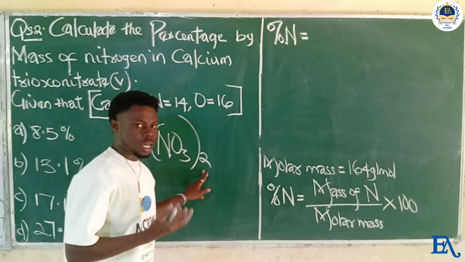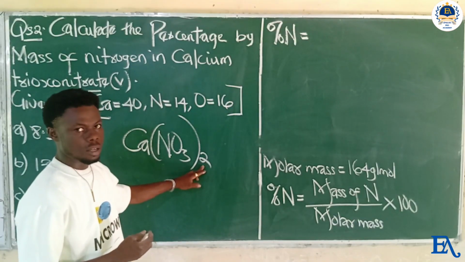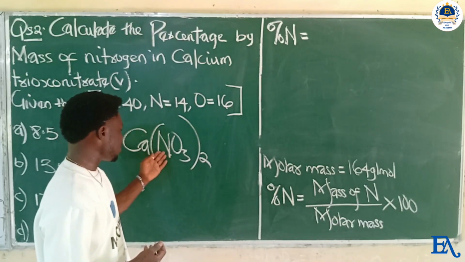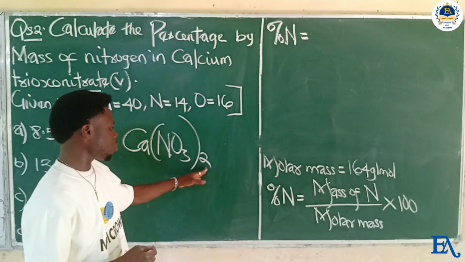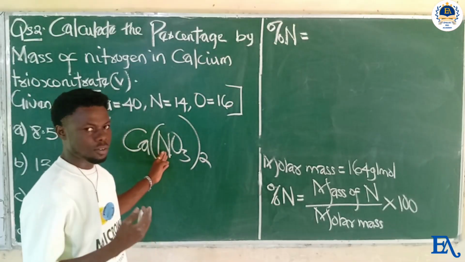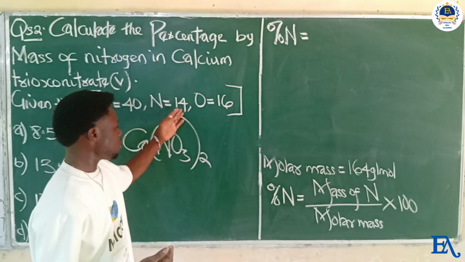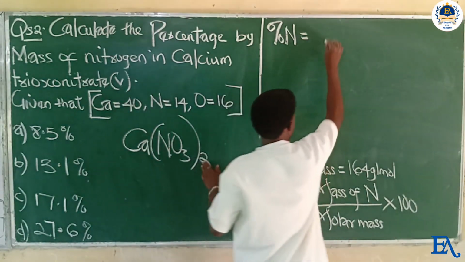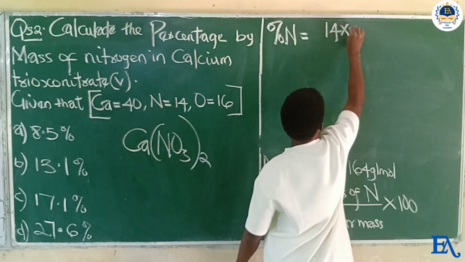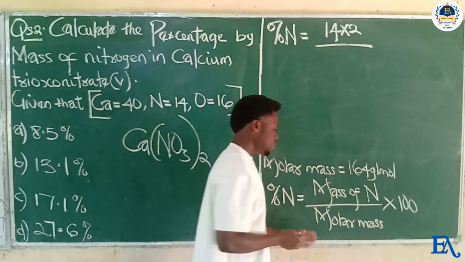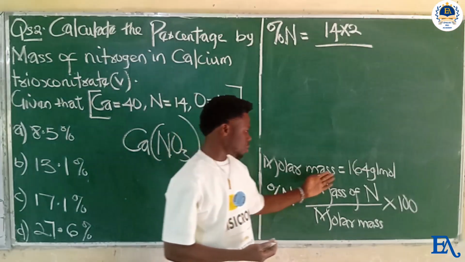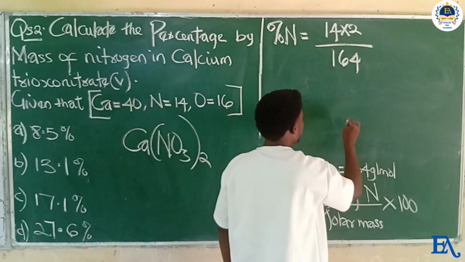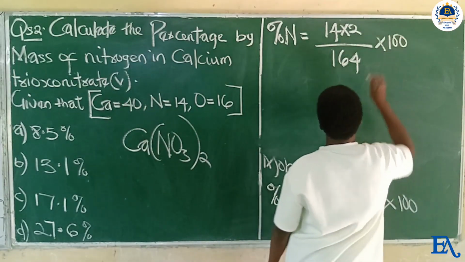14 times 2. Take note of this. This 2 is affecting all the elements in this given compound in parentheses. So we are going to multiply the mass of the nitrogen by the subscript, the number of atoms. So since the mass of nitrogen was given as 14, we are going to multiply 14 by 2 to obtain 28. So we have percentage by mass of nitrogen is 14 times 2, all divided by the molar mass of the compound, which is 164 gram per mole, times 100.